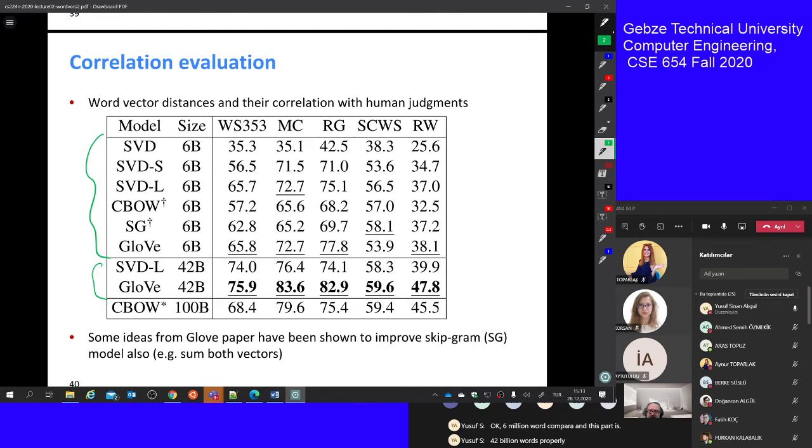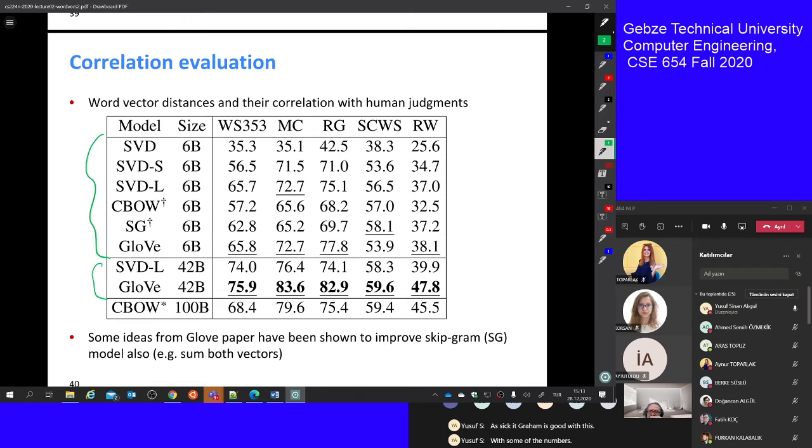If you look at it, for the 6 billion, GloVe is doing good in almost all the cases, but Skipgram is good with some of the numbers.